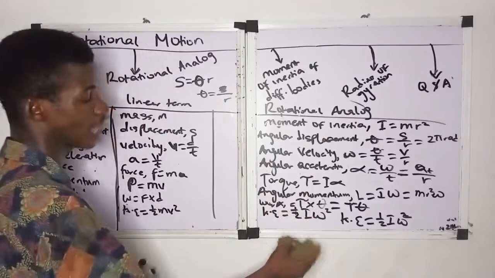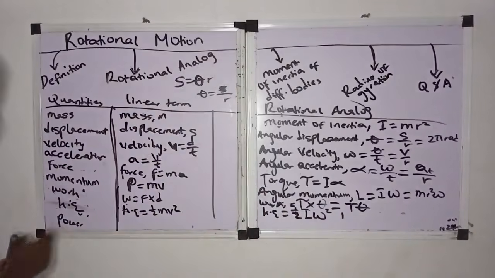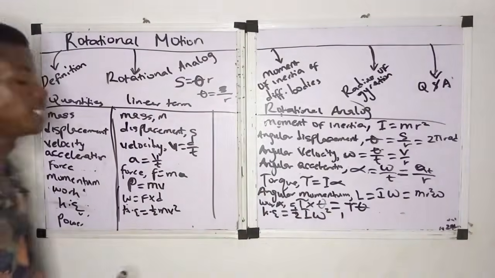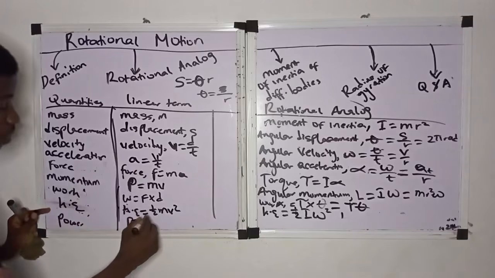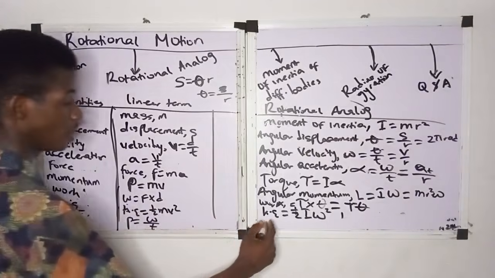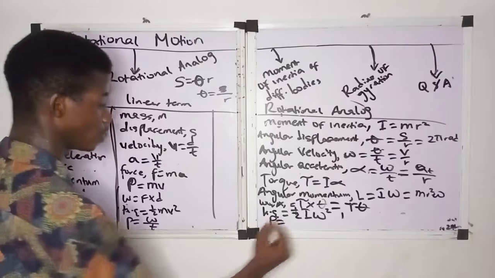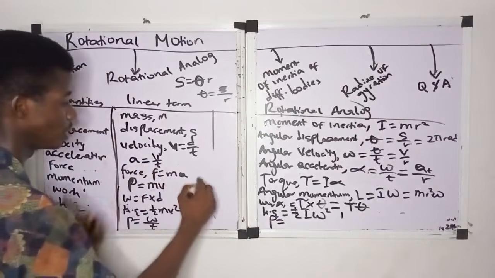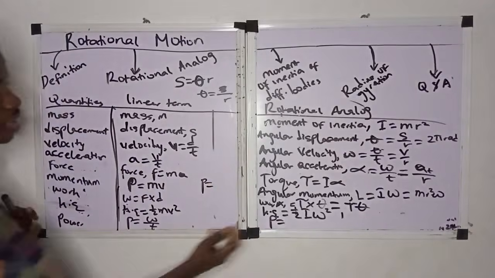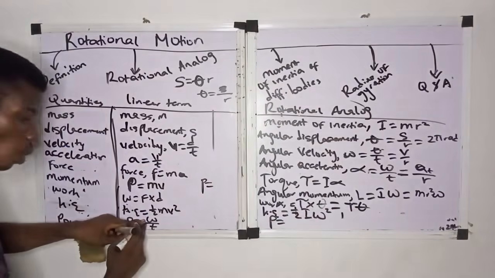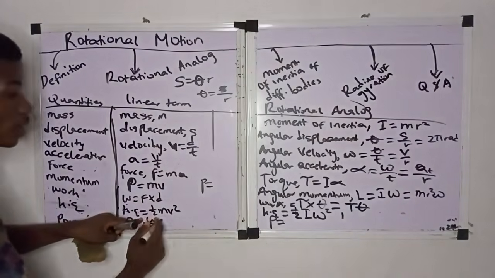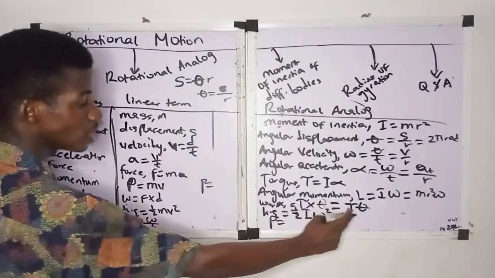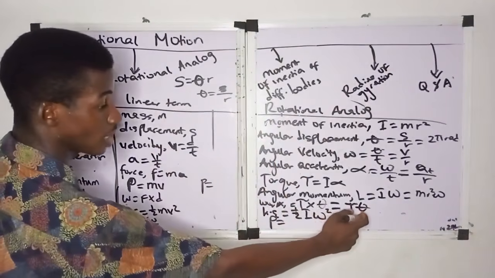Now the last part, force and power. In linear terms, power is work over time, or energy over time. Therefore, in rotational terms, power will be work over time, where work in rotational terms is torque times angular displacement.